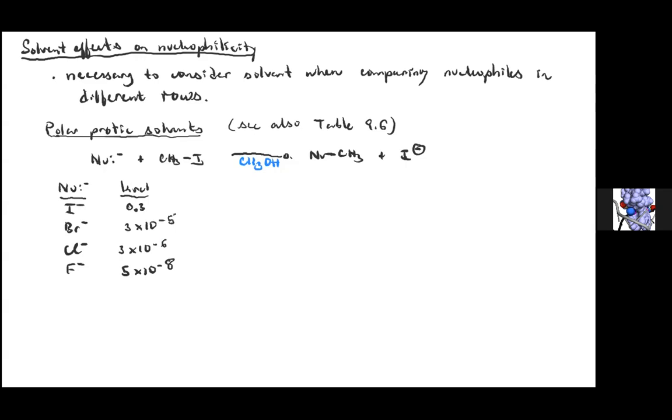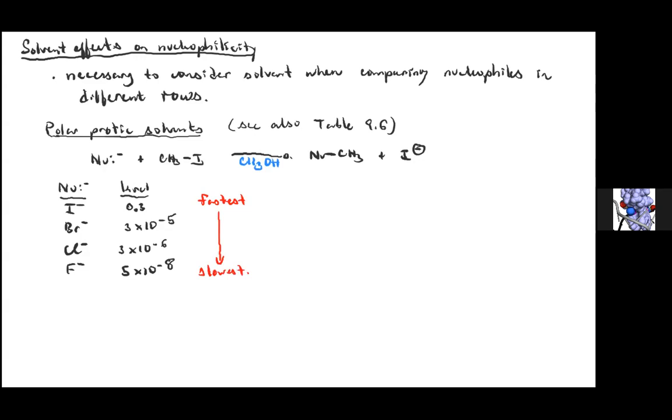Iodide is going to be the fastest reacting nucleophile under these conditions, and fluoride is the slowest. What we're going to try to do is make sense of this.